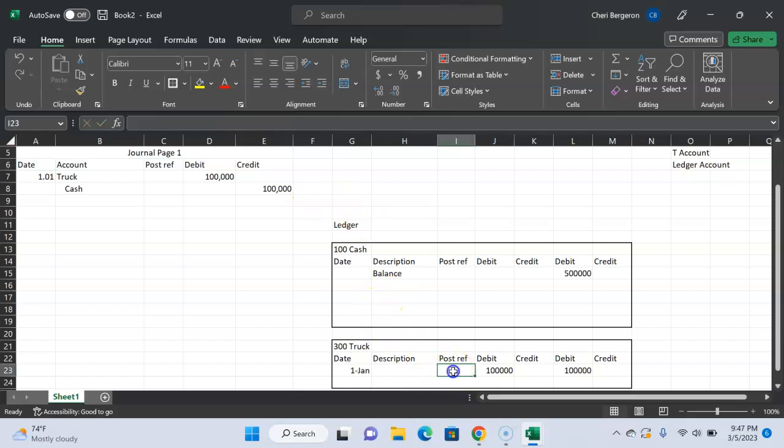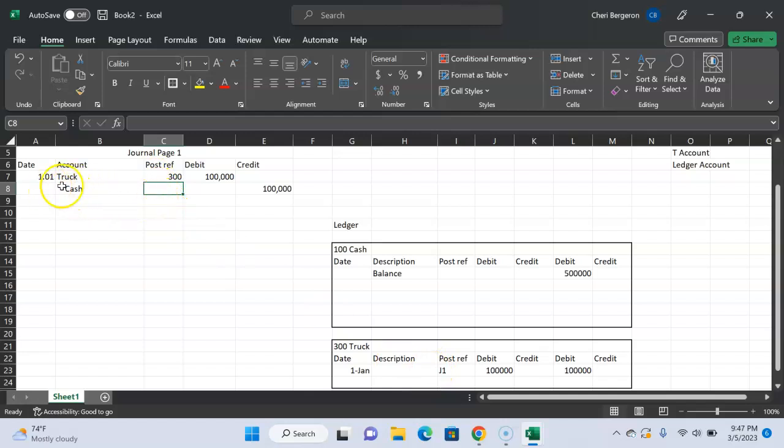So I can either put a 1 here or a J1, whatever your book tells you to do. Each book is different. Because this journal entry came from page 1. And then up here I say, where did I bring that to? Well, I brought that to account number, right here, 300. So I've said that I have posted this journal entry to 300, and then on 300 I said it came from page 1.